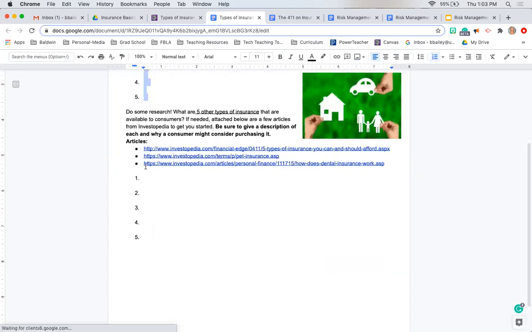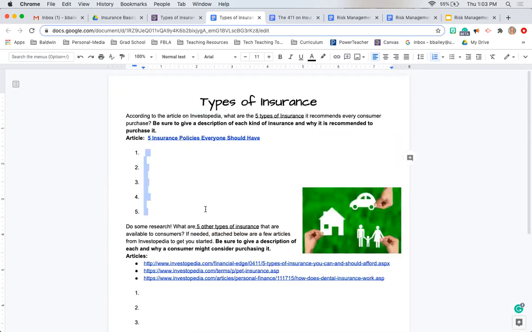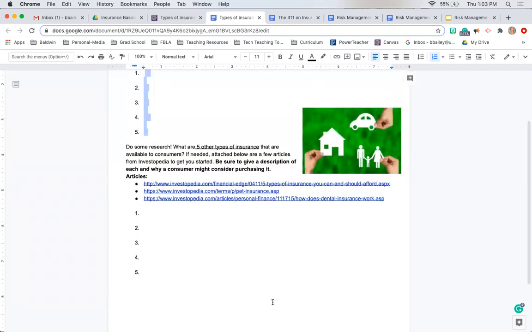I gave you a couple articles to get you started, but you could simply list any type of insurance that is available to consumers. So give me 5 types that are highly encouraged you purchase as a consumer, and then give me 5 more types that are available out there to consumers. Again, this is for your virtual day.